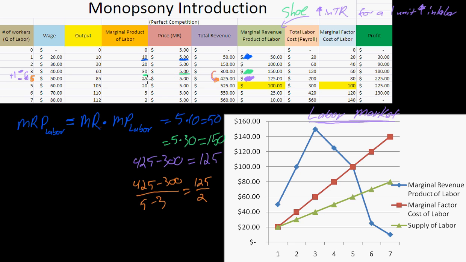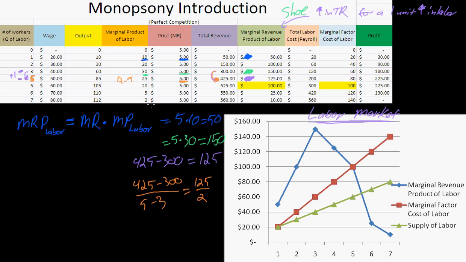So the marginal product of labor would be 12.5 because we got 25 more units of output for 2 more workers. So for each individual worker, we are getting, on average, 12.5 more units of output. And so then we could just multiply that 12.5 by 5, and that would also get us that 62.5.